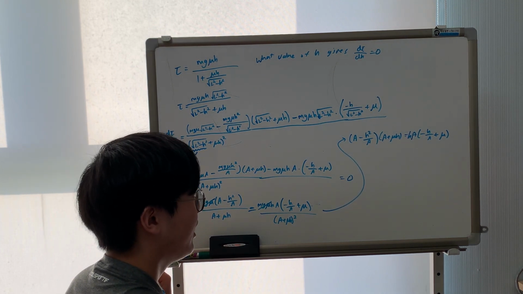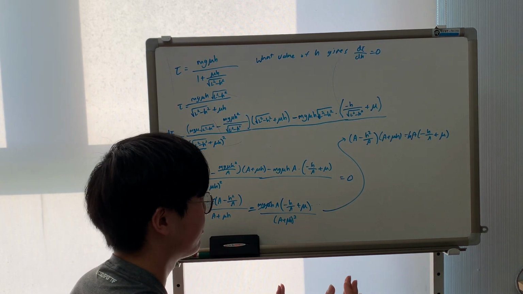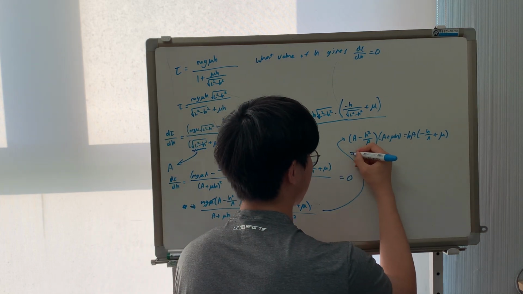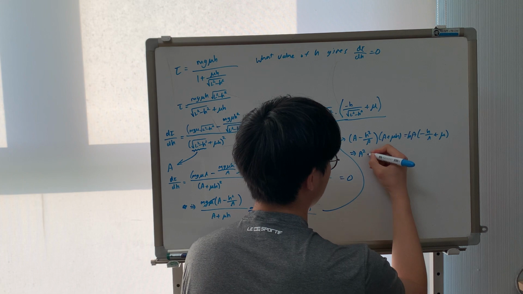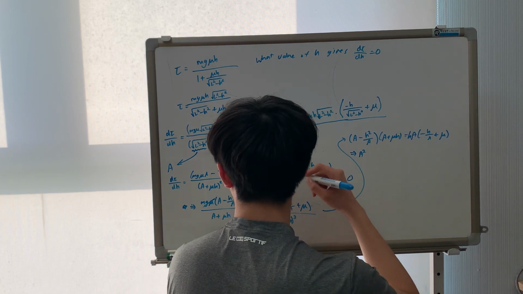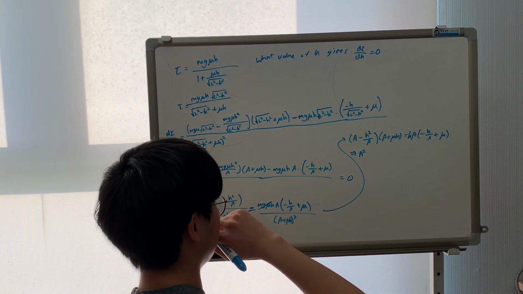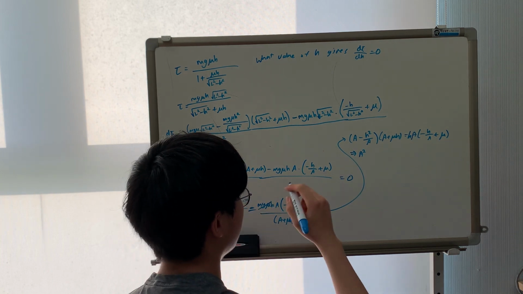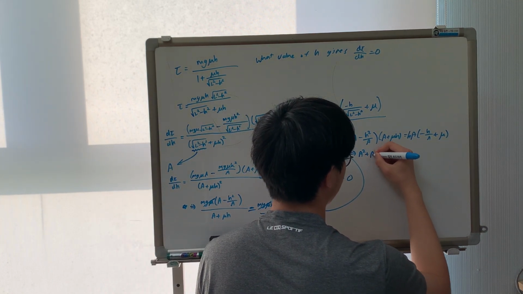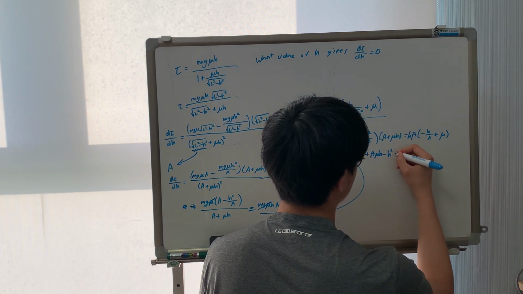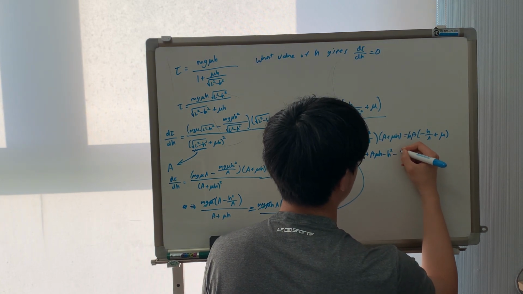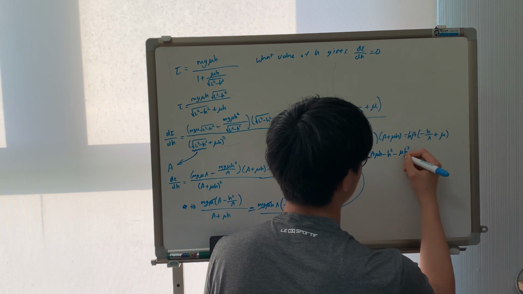And yeah, so now I'm just going to expand everything in here. And we're going to have a squared plus a mu h minus h squared minus mu h cubed over a.